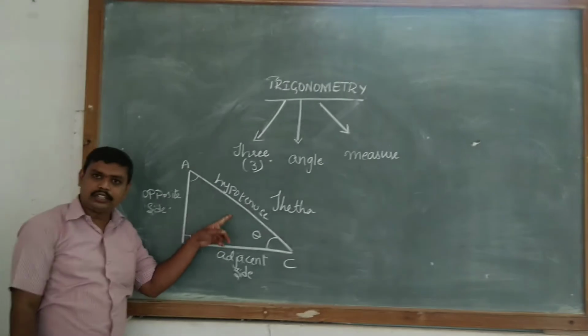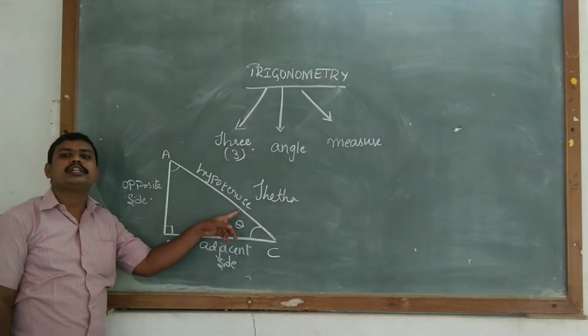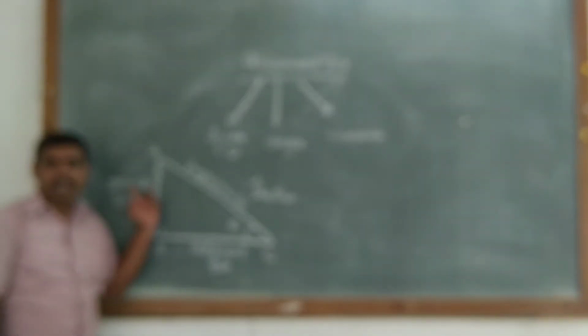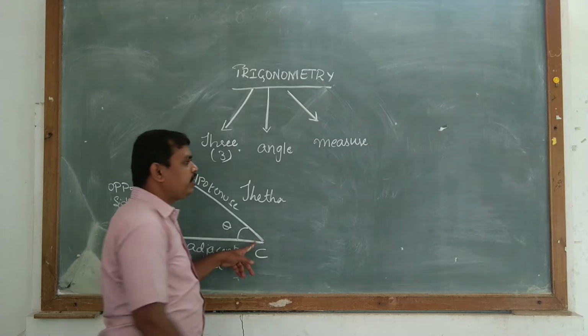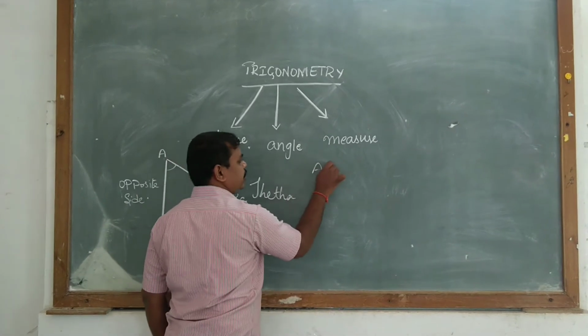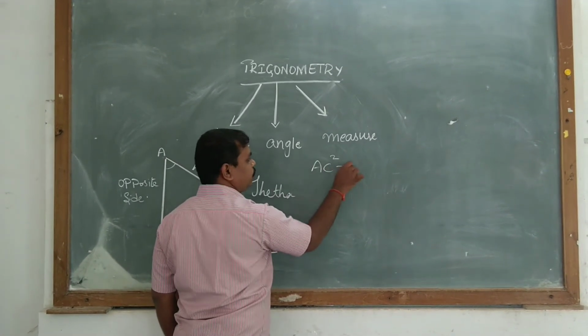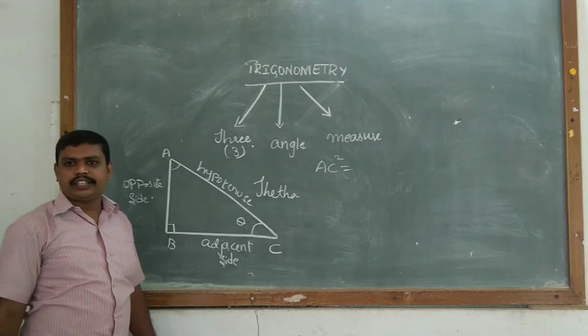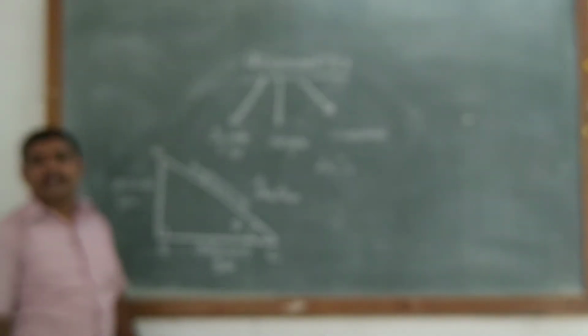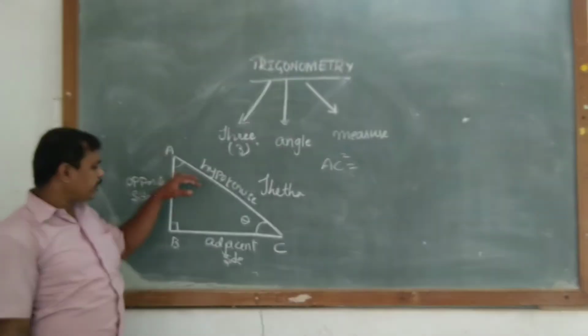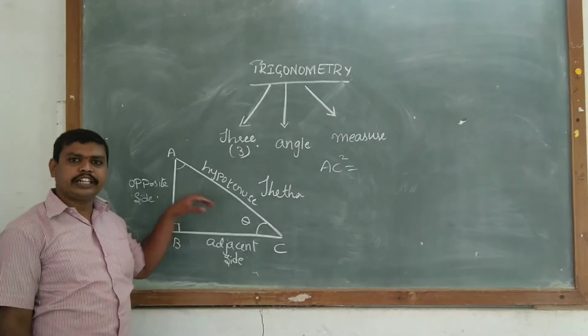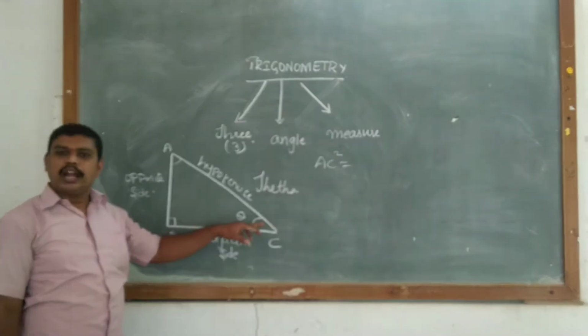So, the Pythagoras theorem states that the square of the hypotenuse is equal to the sum of the squares of the other two sides. When you observe here, what is the hypotenuse here? AC is the hypotenuse, that is AC square is equal to the sum of the squares of the other two sides. That is nothing but AB square plus BC square, which is opposite side square plus adjacent side square.